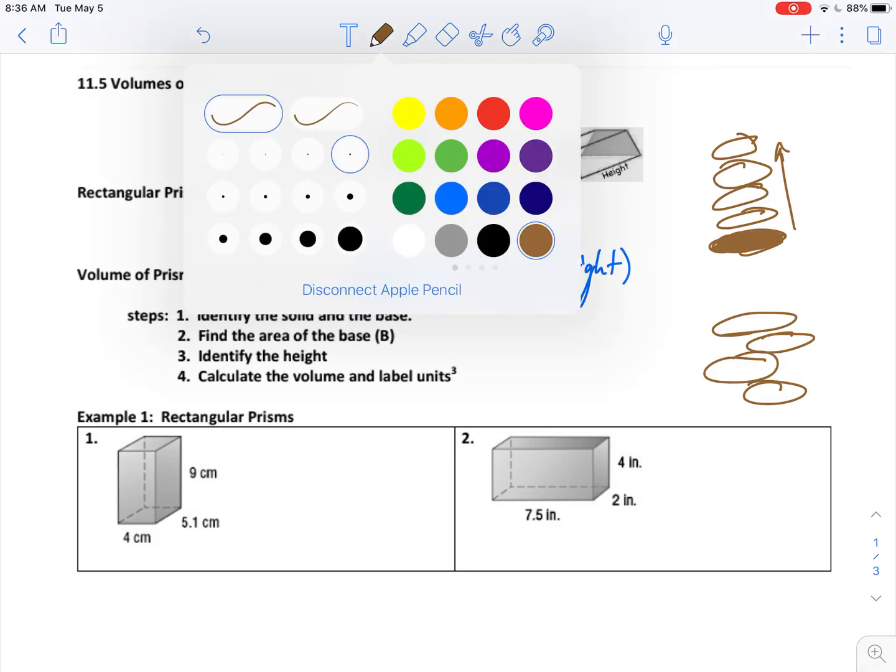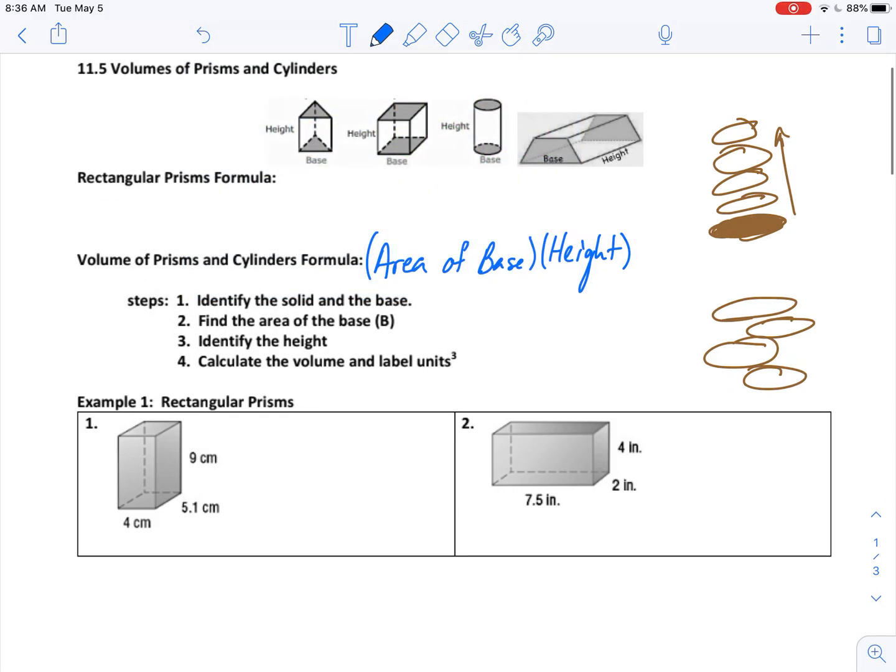So the most important thing we can do every single time is identify what the base of our prism or cylinder is. And how you tell what the base is, you've got to look for the two sides that are different from the rest of the sides.